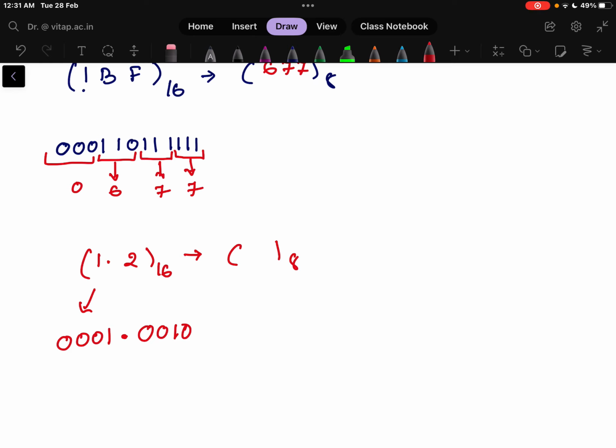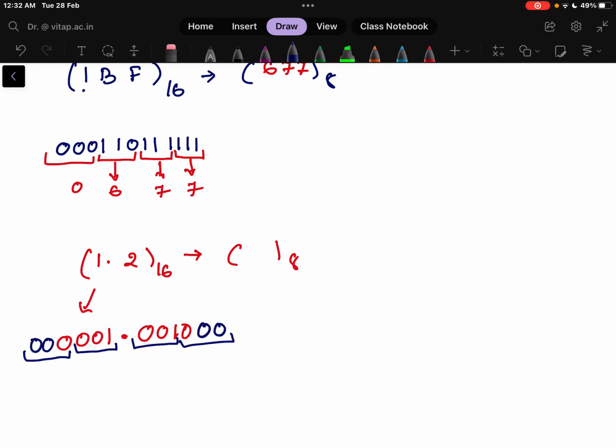Then what I have to do? I have to make groups of 3. Before the decimal point, use the normal process. So this is one group, this is another group. I have to add 2 zeros here. After the decimal point, you make the same groups of 3, but from left to right, in the opposite direction.